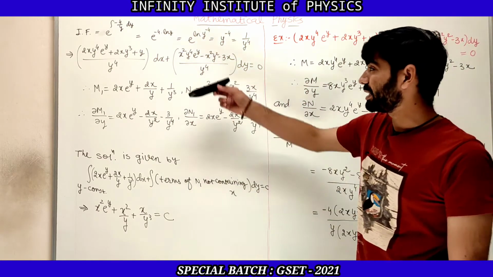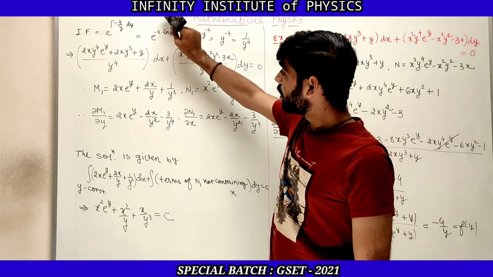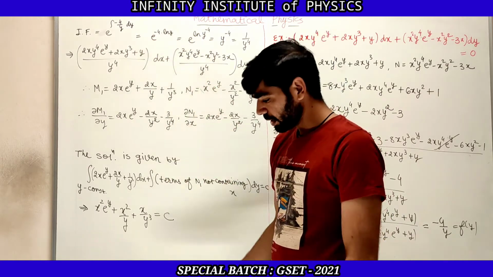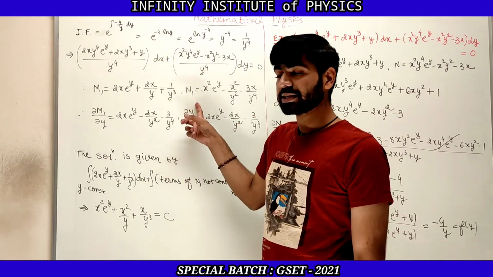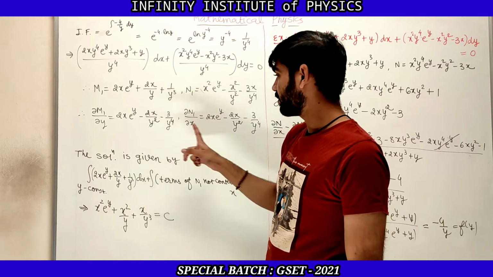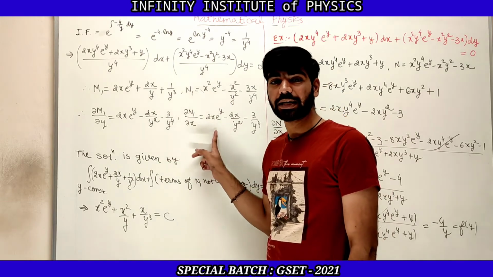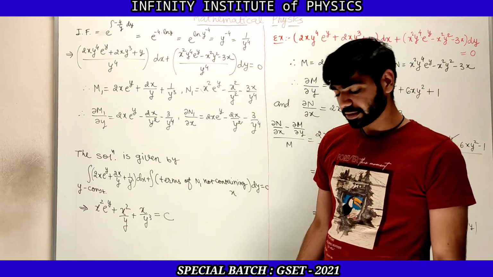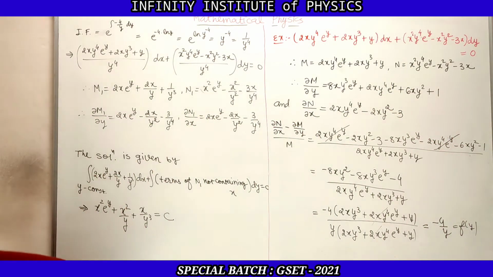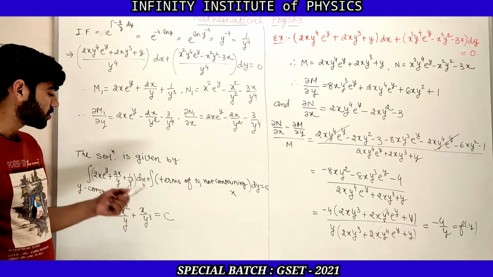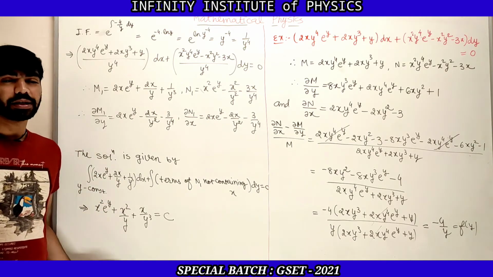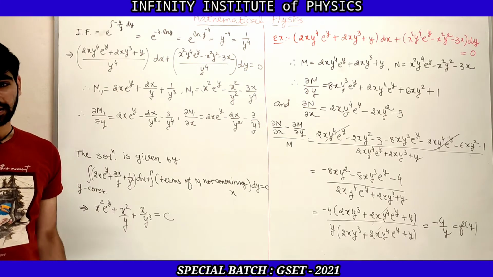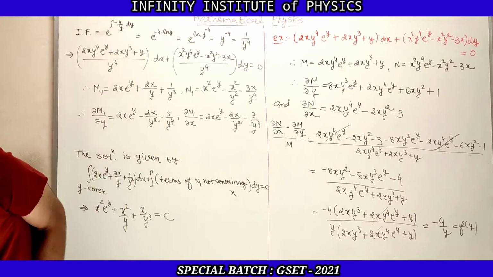Then we found the integrating factor, and multiplying it to the given differential equation, it is converted to an exact differential equation, del m1 by del y equal to del n1 by del x, and then using the method of exact differential equation we have found the solution. So this is how you can calculate the examples related to that second case.